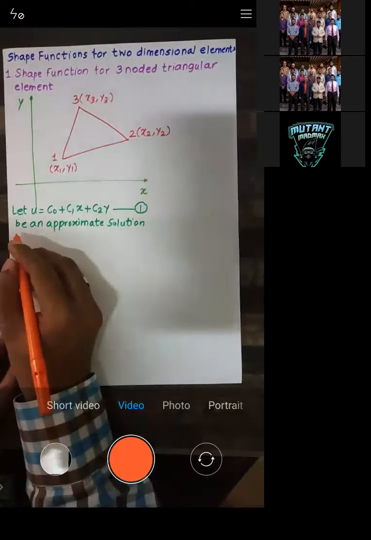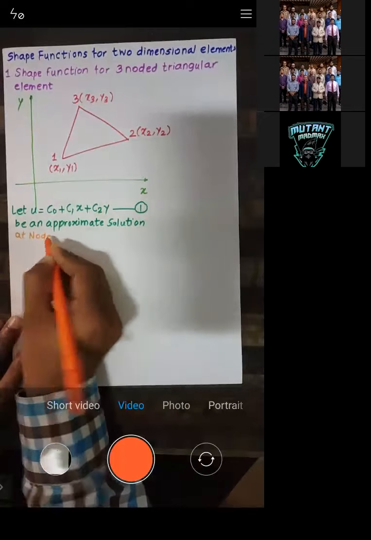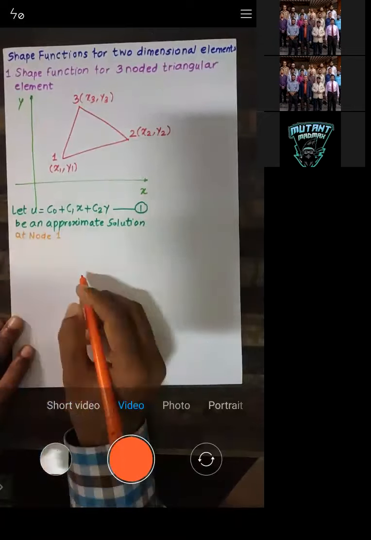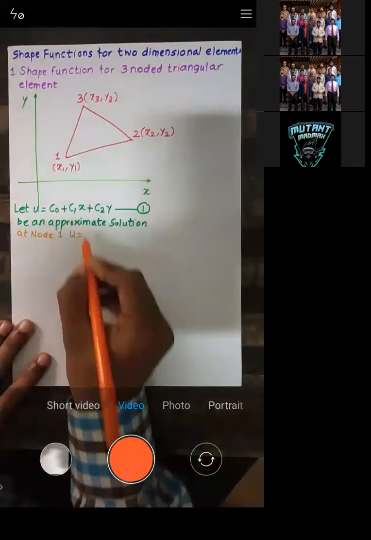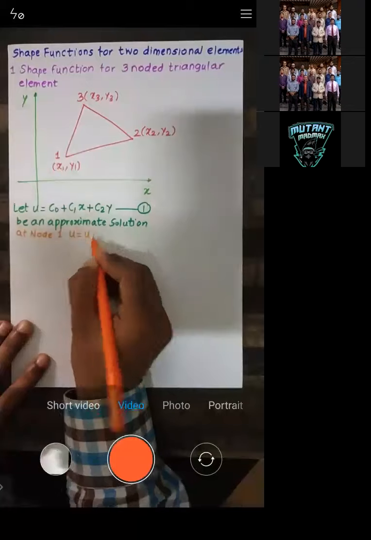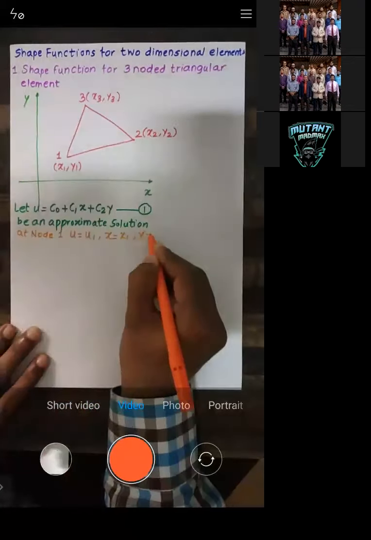If you talk about node 1, obviously the displacement at node 1 is u1, because it's node 1. Similarly, the x coordinate at node 1 is x1 and the y coordinate at node 1 is y1.